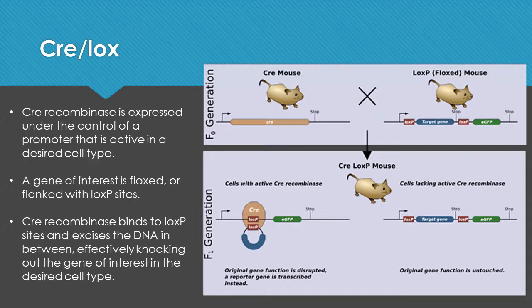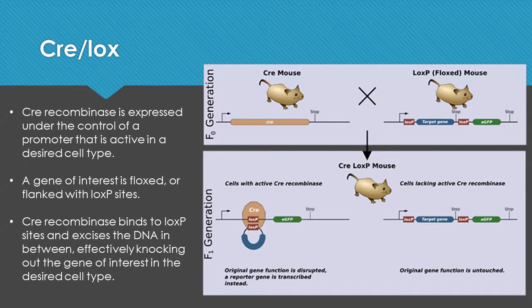So here is some explanation on how the CRISPR works. Okay. The CRISPR recombinase is expressed under the control of a promoter that is active in a desired cell type. Then a gene of interest is flanked with log P sites.